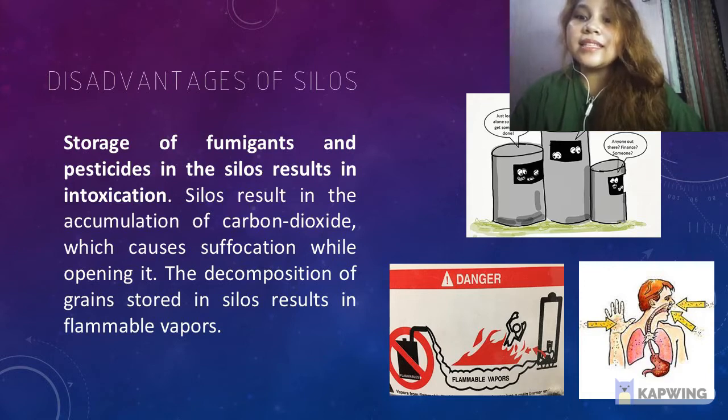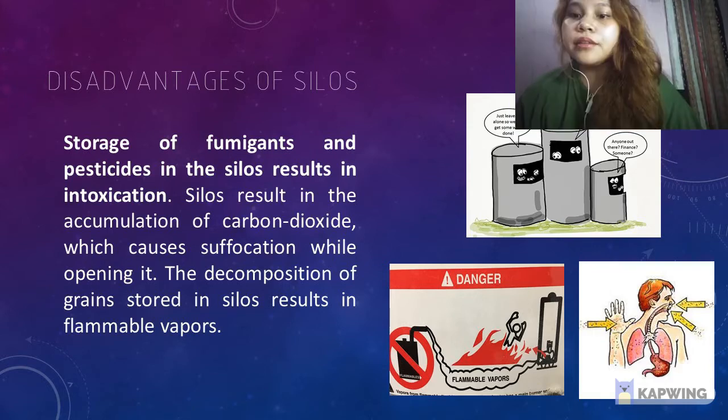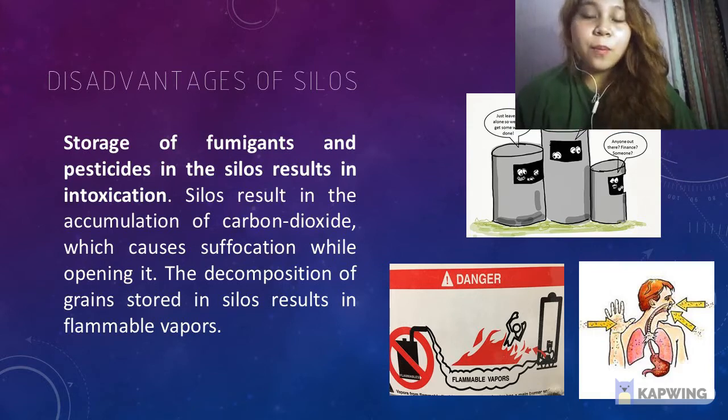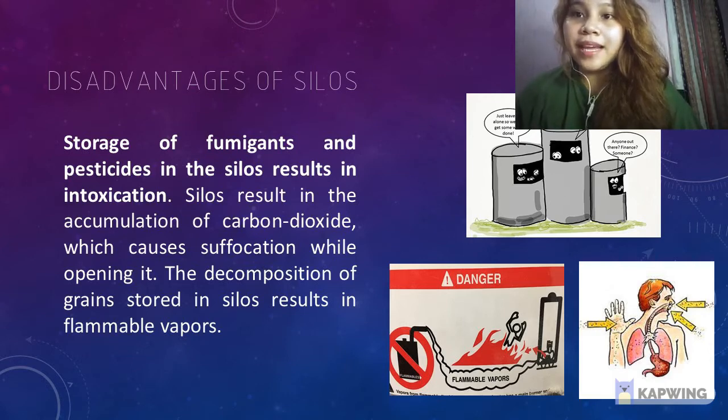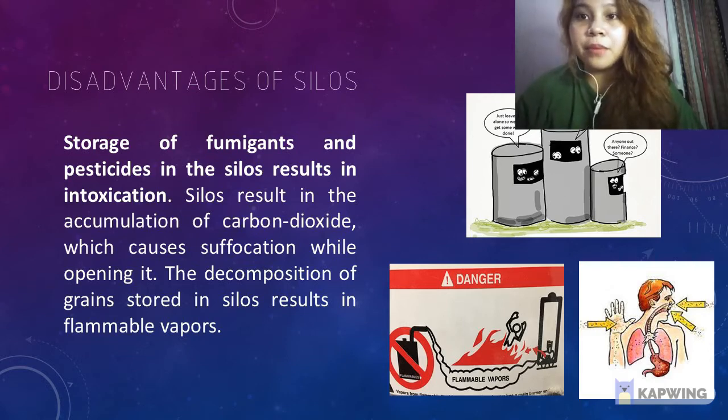And lastly, the decomposition of grains stored in silos results in flammable vapor. The reason is that the decomposition of any organic materials might produce a vapor called methane, and that methane is a very flammable gas.